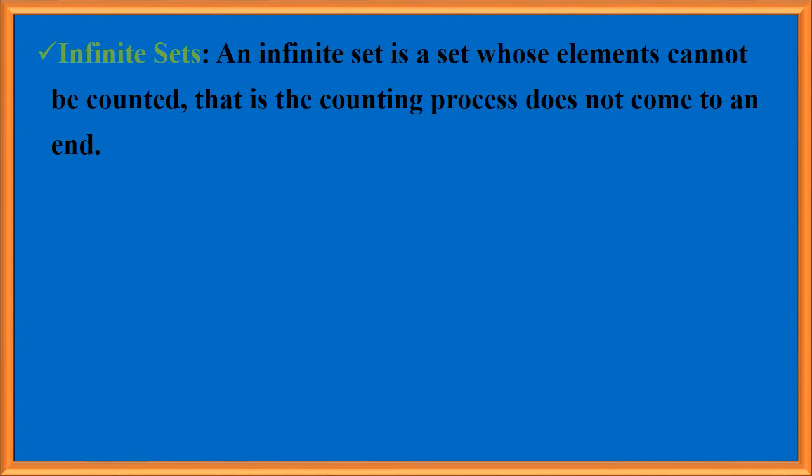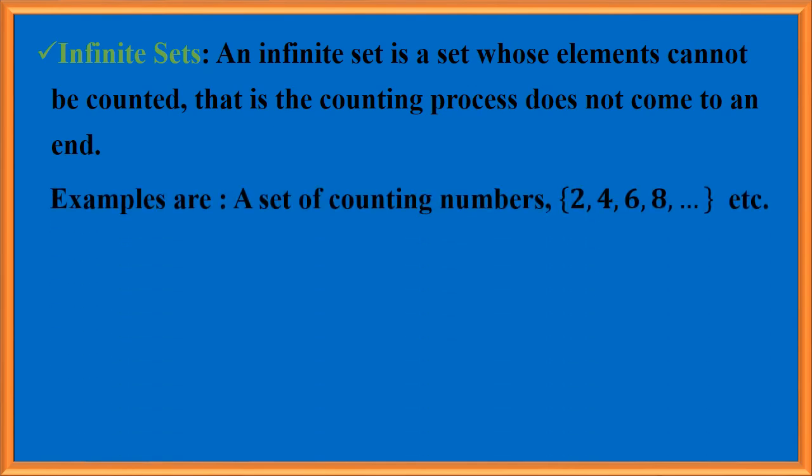So an infinite set is the opposite of a finite set. In an infinite set, the last element of that particular set is not known. For example, we have a set of counting numbers. There's no range. For that matter, it has no end.